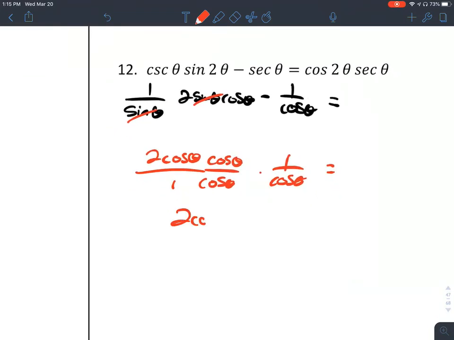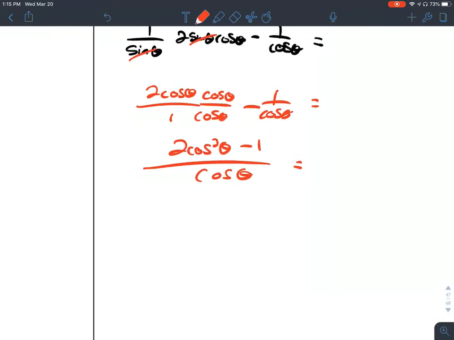It's going to give me 2 cosine squared of theta minus 1 over cosine of theta. Now, if you know your identities well, 2 cosine squared of theta minus 1 is the same as cosine of 2 theta. If you don't realize that, you can get to that point by manipulating this a ton.